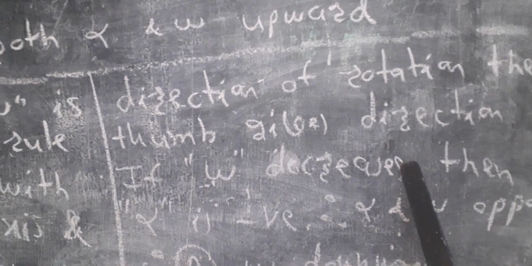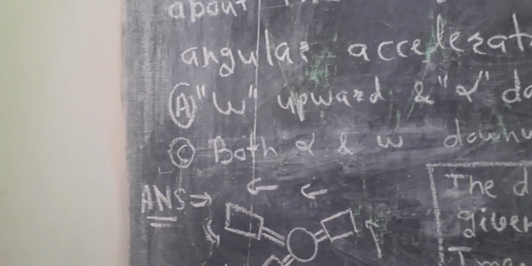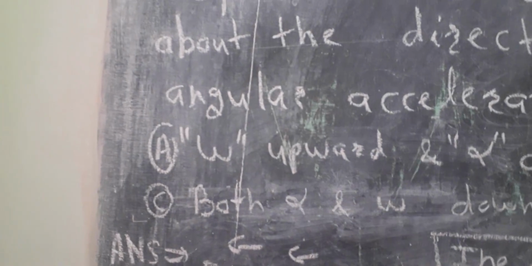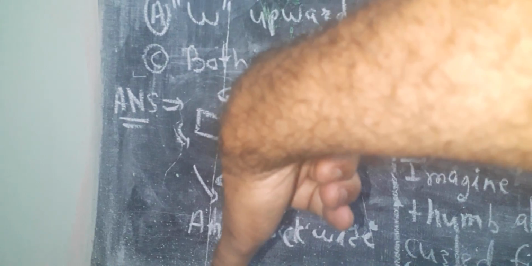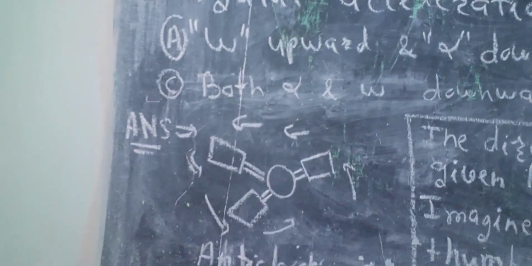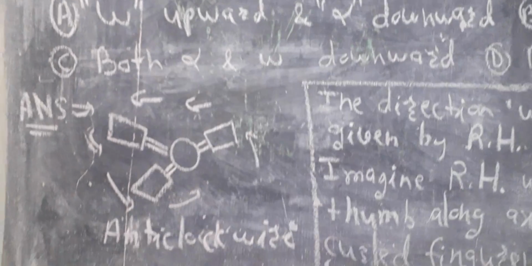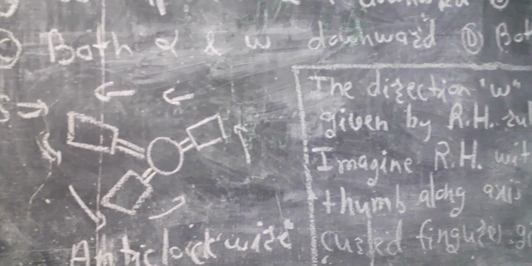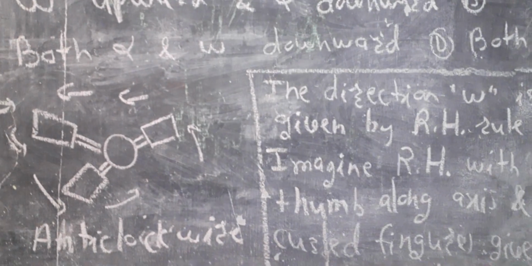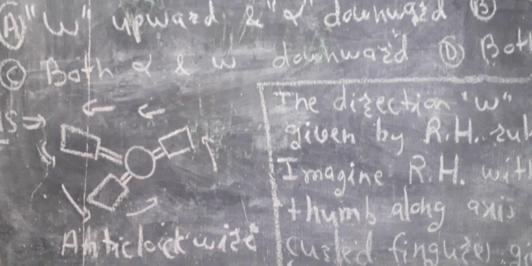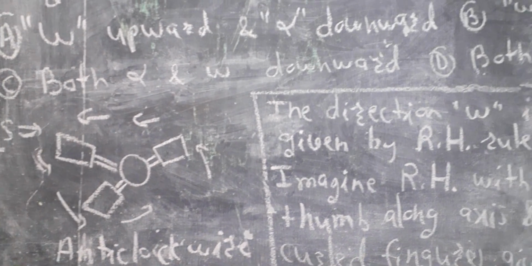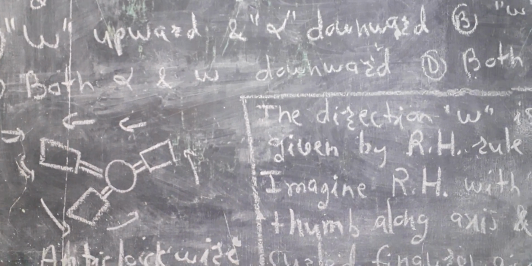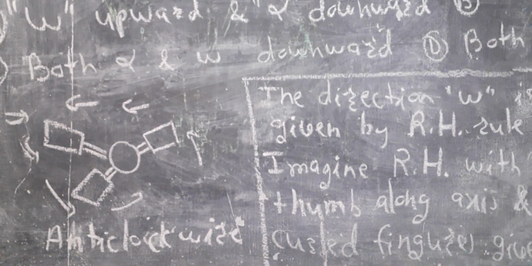direction of angular velocity. So this is the diagram. This is the right hand. The curled fingers indicate the direction of motion, so the thumb is directed in downward direction. In this typical case, if you imagine the right hand in such a way that the curled fingers give the direction of rotation of the blades of the fan and the thumb is along the axis, then the thumb gives the direction of omega.